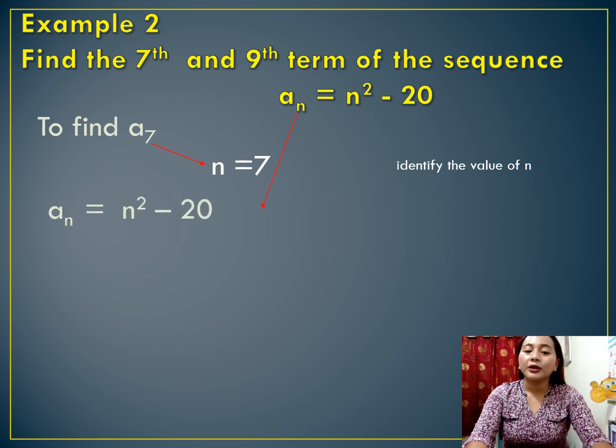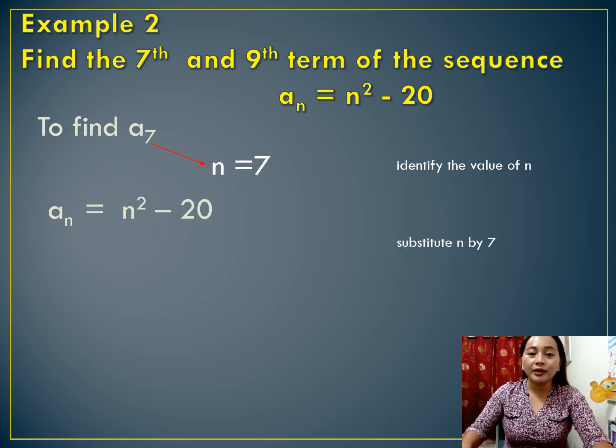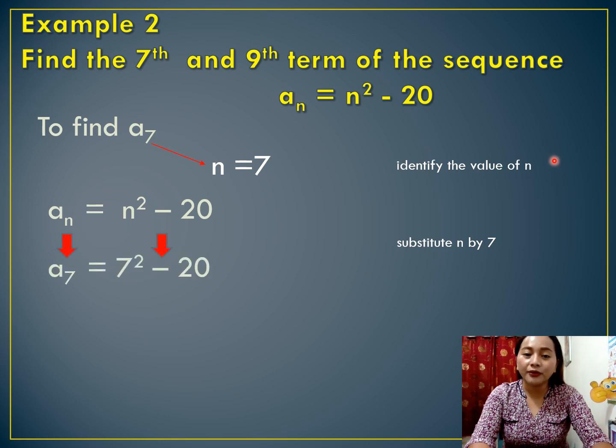And again, refer to the given sequence. a sub n is equal to n squared minus 20. Substitute n by 7 because again, n is equal to 7. So that becomes a sub 7 is equal to 7 squared minus 20.